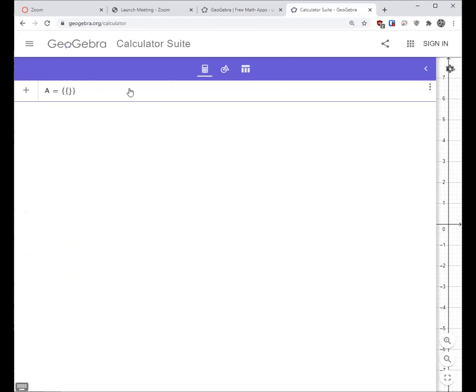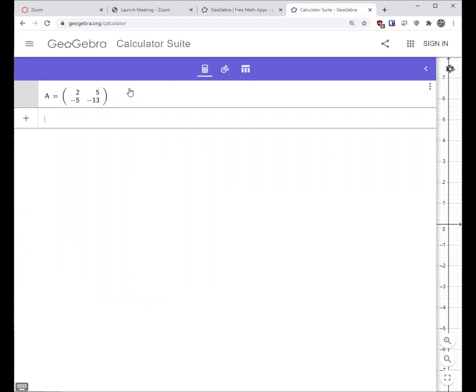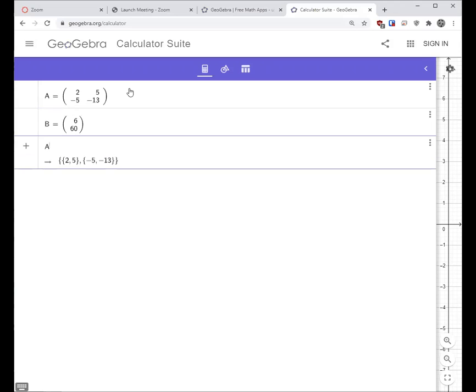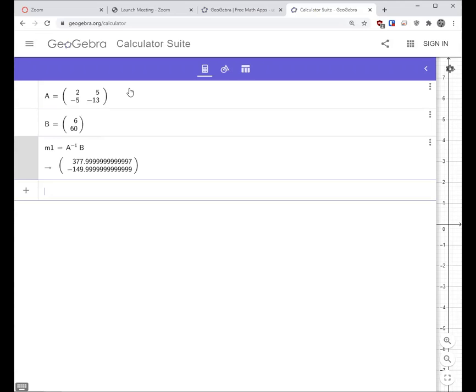Maybe that would be easier. Okay, so then A inverse B would be right there.